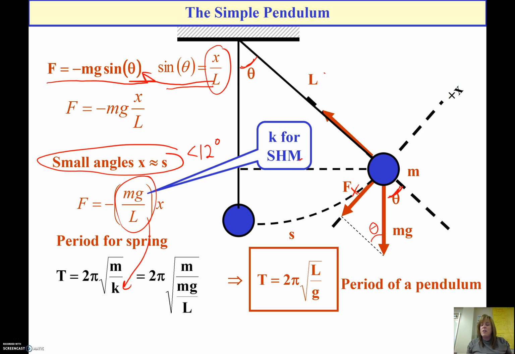And acceleration due to gravity, that's really the acceleration of that pendulum back and forth. So the higher the acceleration due to gravity is, like if we went to Jupiter, it would swing a lot faster, a lower period than if we went to the moon where the acceleration due to gravity is small. The force would be less, so the period would be longer.